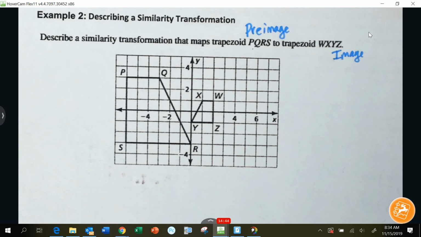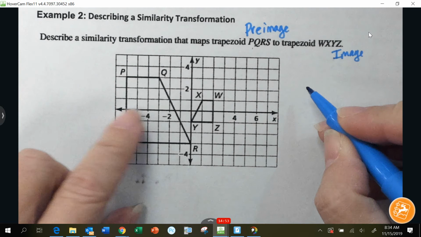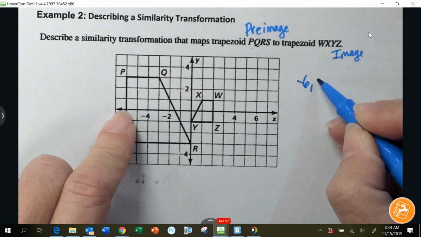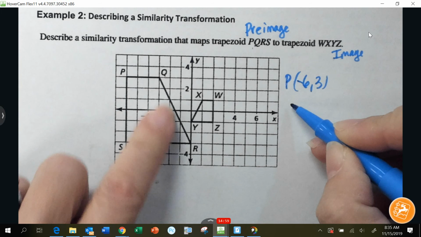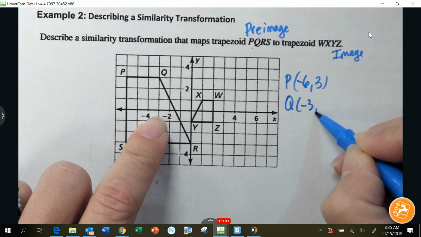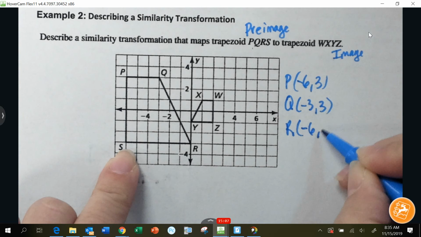I'm going to list the ordered pairs. I feel like that might be helpful for me. P is, oh no, you guys have to make sure I don't make any mistakes. P is negative 6, 3. Q, negative 3, 3. R, it's negative 6, negative 3.